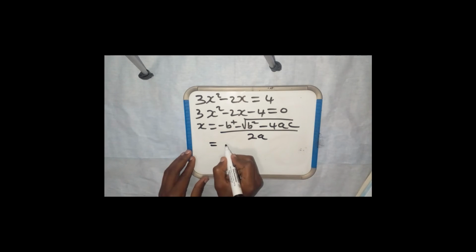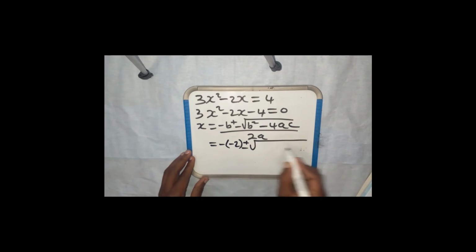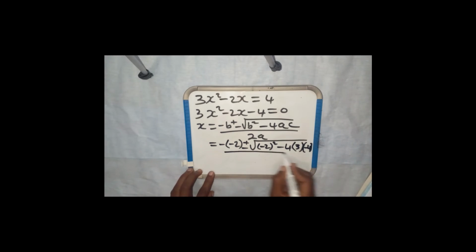We will have our b is negative 2, then we will have negative into negative 2 plus or minus roots negative 2 squared minus 4. Where there is a, we put 3. Where there is c, we will put what? Negative 4, all over 2. Where there is a, we substitute 3.